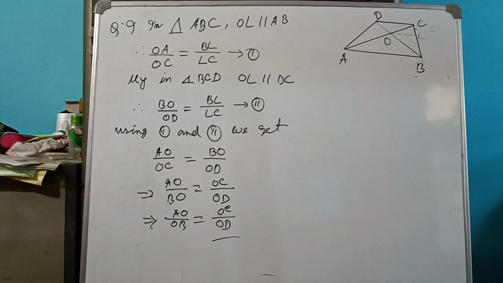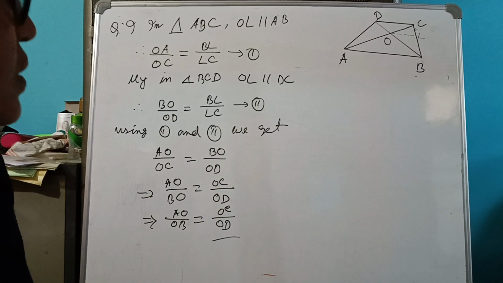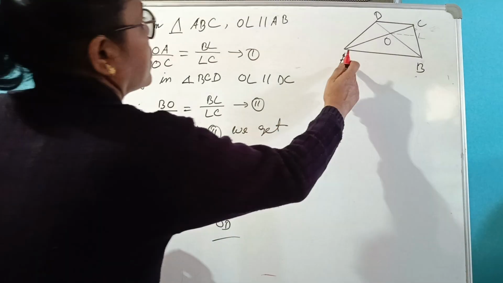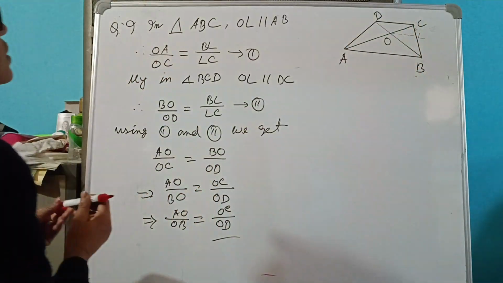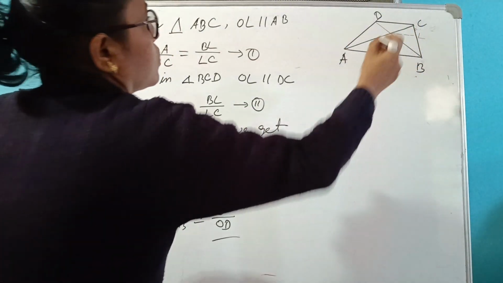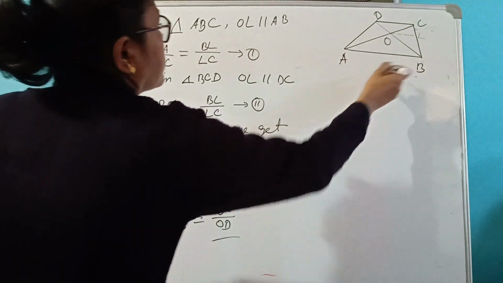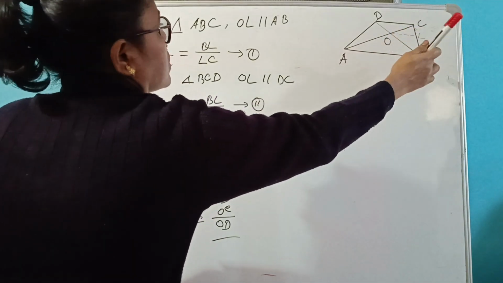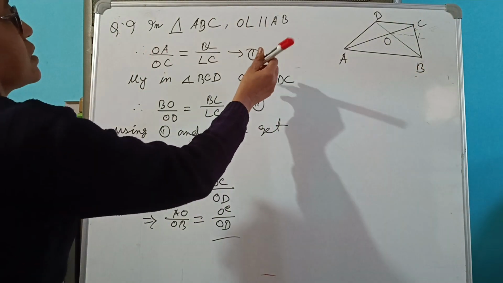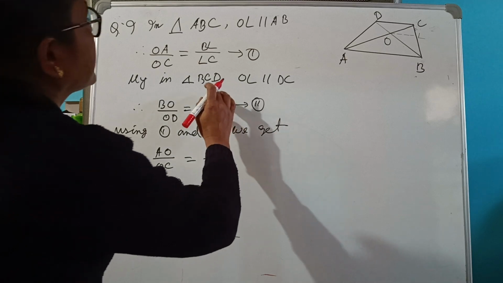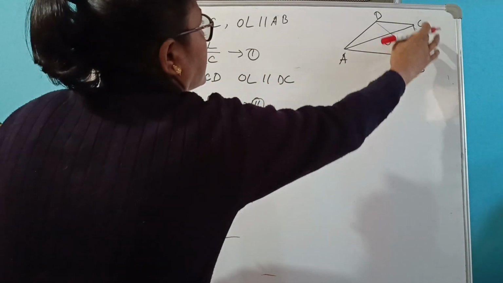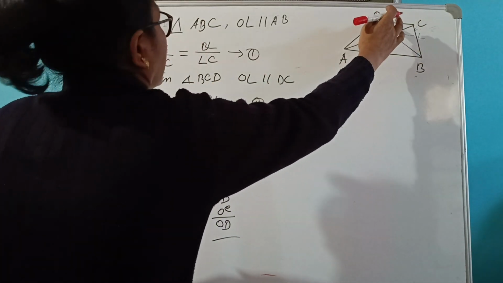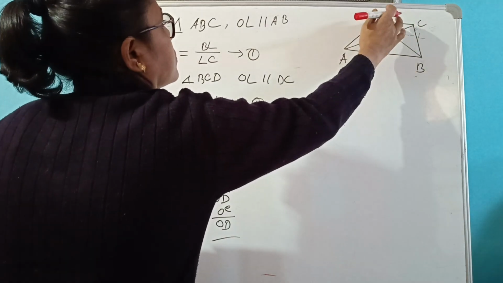Students, see here in the triangle ABC. This is the triangle ABC. What is given here? OL is parallel to AB. So, AO by OC is equal to BL by LC. This is condition 1. Similarly, in triangle BCD, here OL is parallel to DC.